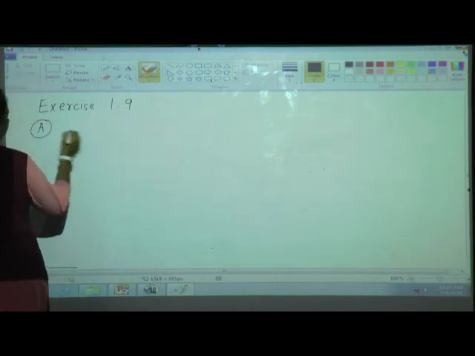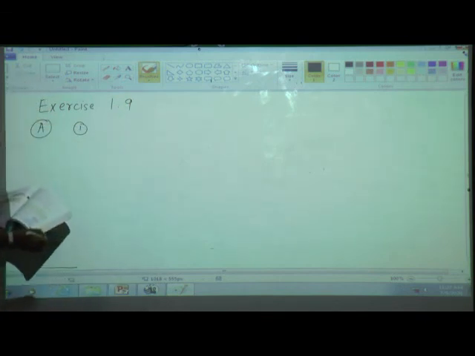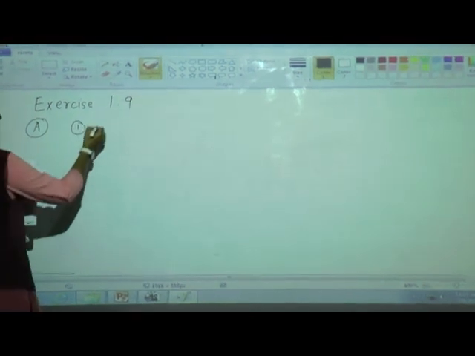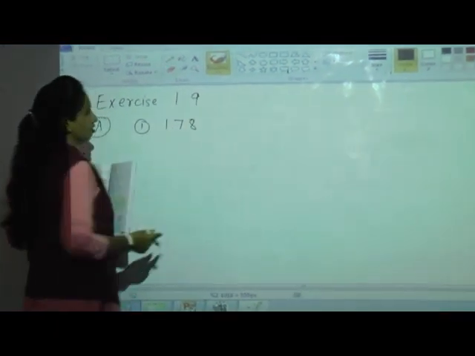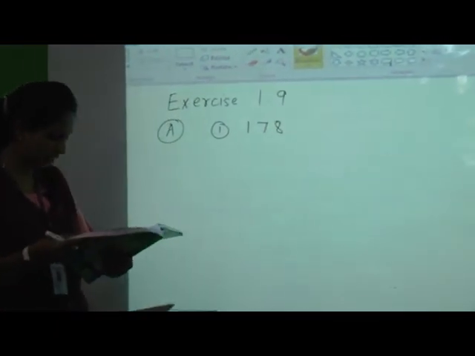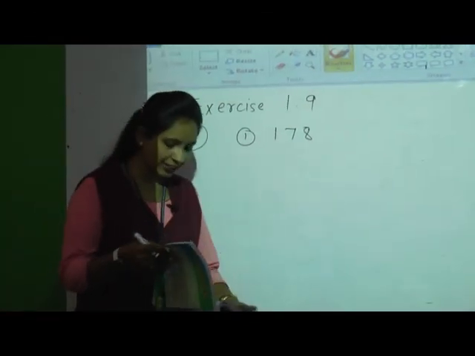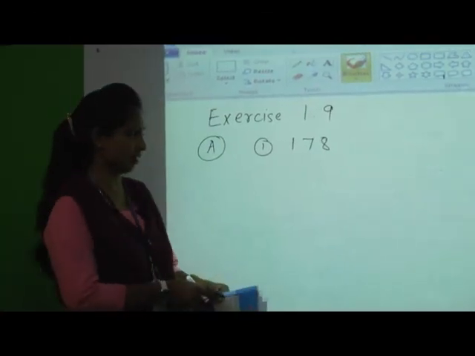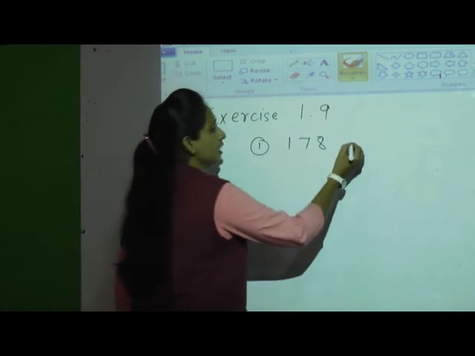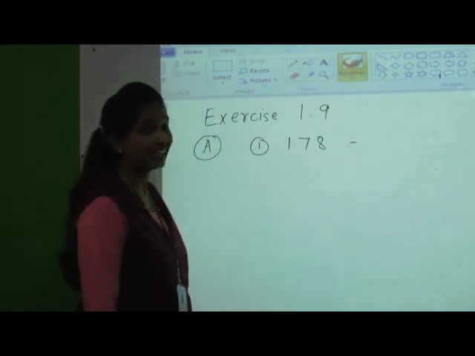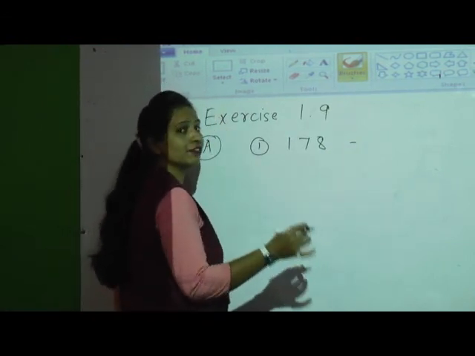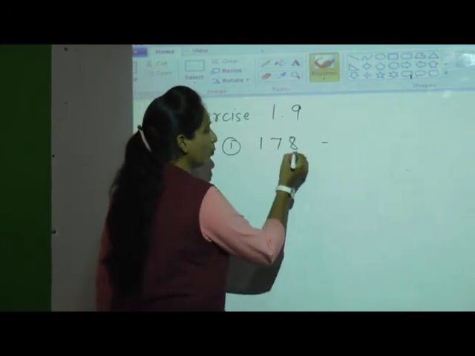A question, first one. 178. So the question is what? We have to round the following numbers to the nearest tens. Whenever it is about nearest tens, what I said, you have to look at the digit at ones place.